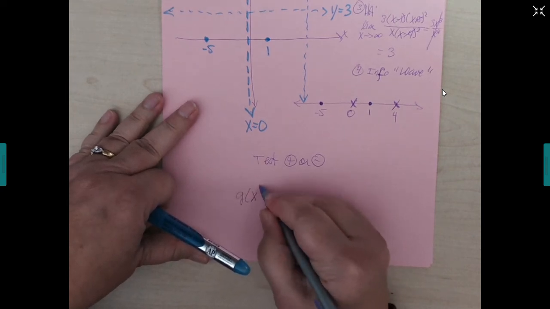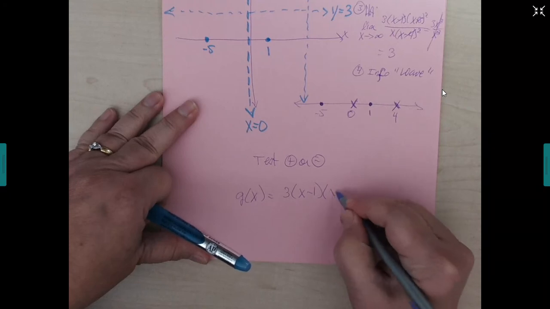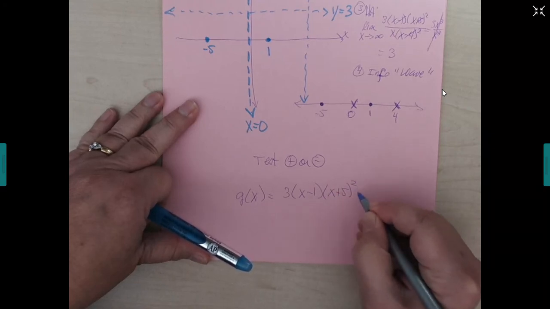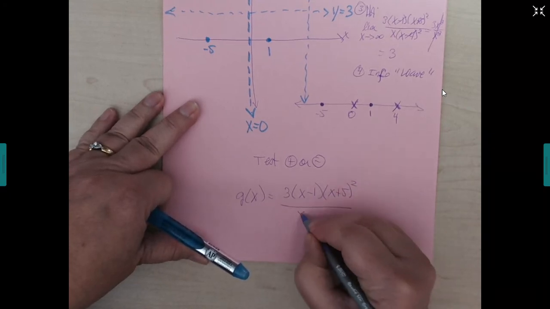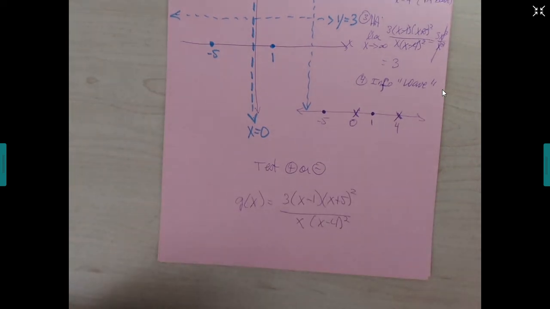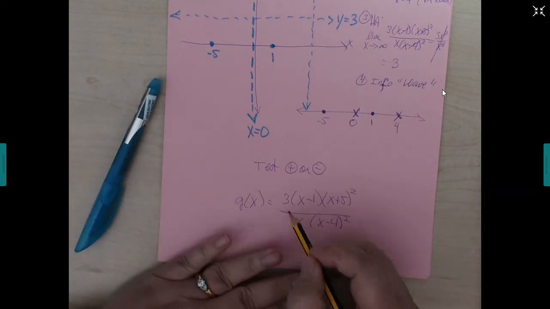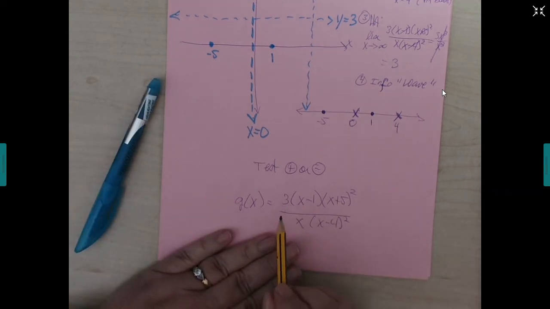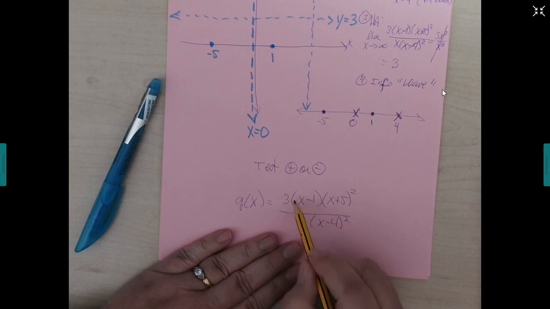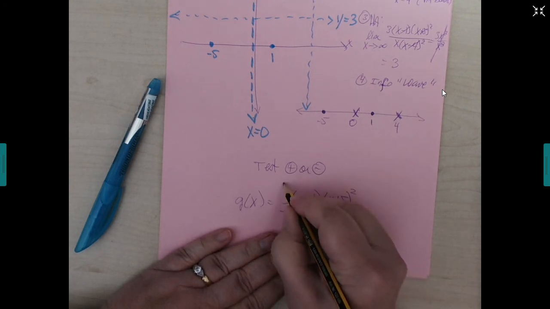G of x is equal to 3 times (x minus 1) times (x plus 5) squared all over x times (x minus 4) squared. Okay, so let's just look at this right quickly here. This includes, when you test it, the number that's in front there. This number that you have is always going to be positive.